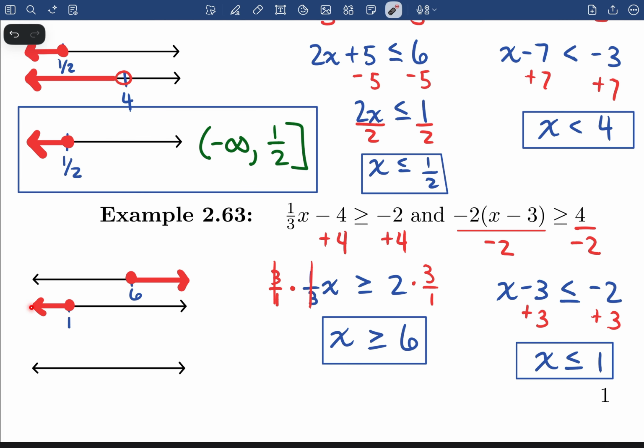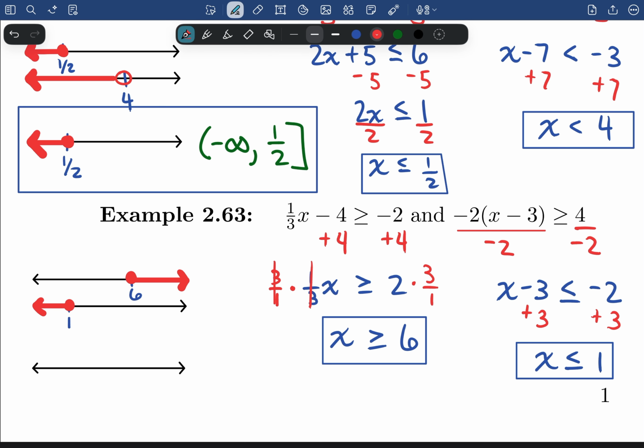This section of shaded stuff doesn't overlap up there, and this section of shaded stuff doesn't overlap down there. And so the answer to this inequality is that there is no solution. That's the answer. Okay, so no solution to this compound inequality because there was no overlap of the shading of their two graphs.